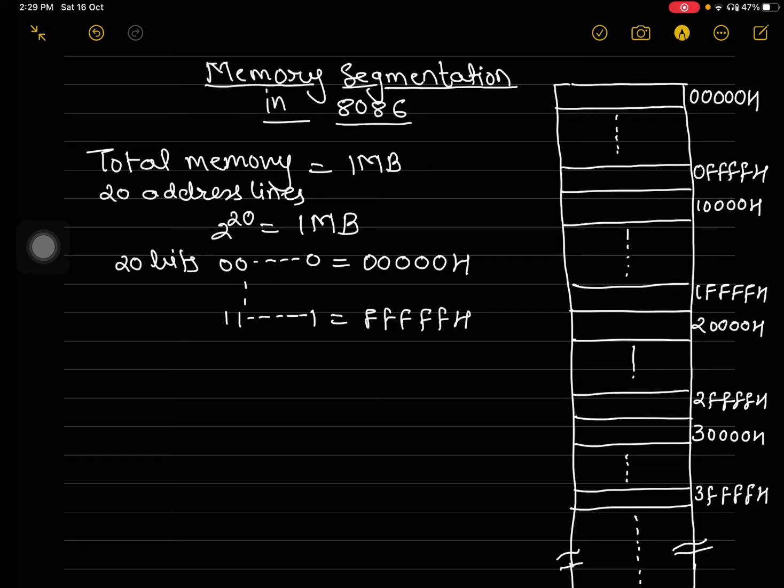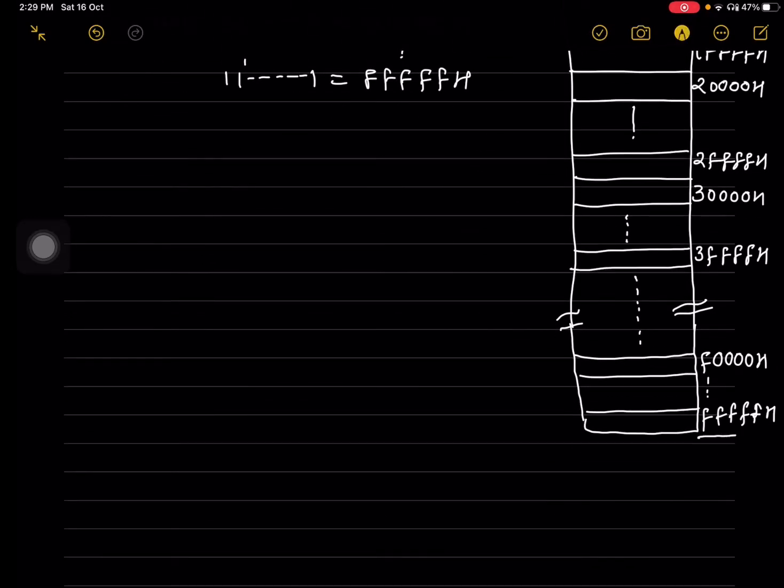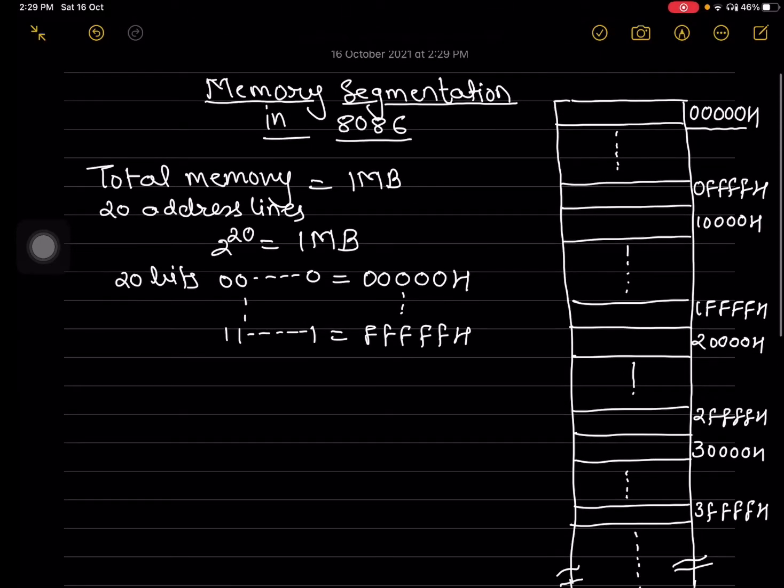So the minimum address for 1 MB memory is 00000H and the maximum address is FFFFFH, as shown here in the figure. Now in this memory, there are 1 MB memory locations.